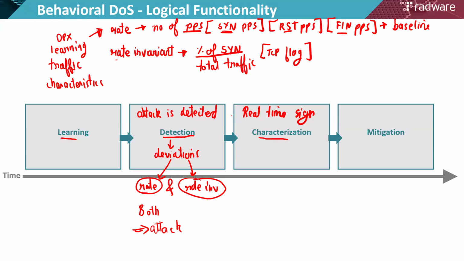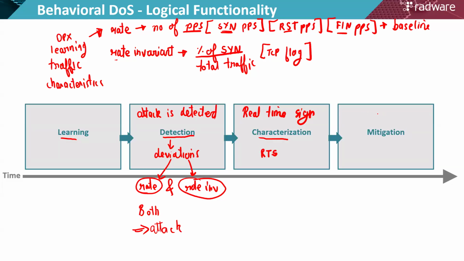Based on the incoming attack traffic that we are receiving, Defense Pro is checking what parameters we can use in order to mitigate the attack. And we create a real-time signature. This real-time signature can be attached to the attack traffic and it would be completely mitigated. So during the characterization phase, we are creating a real-time signature, which is also known as RTS.